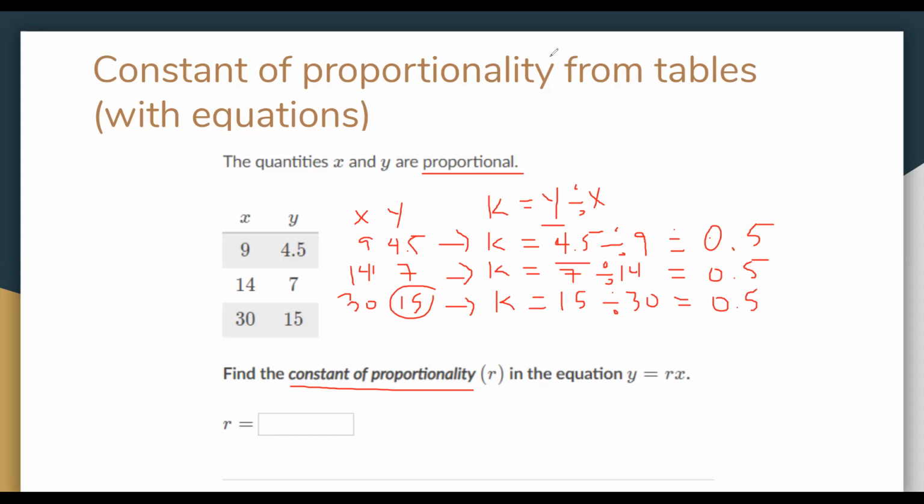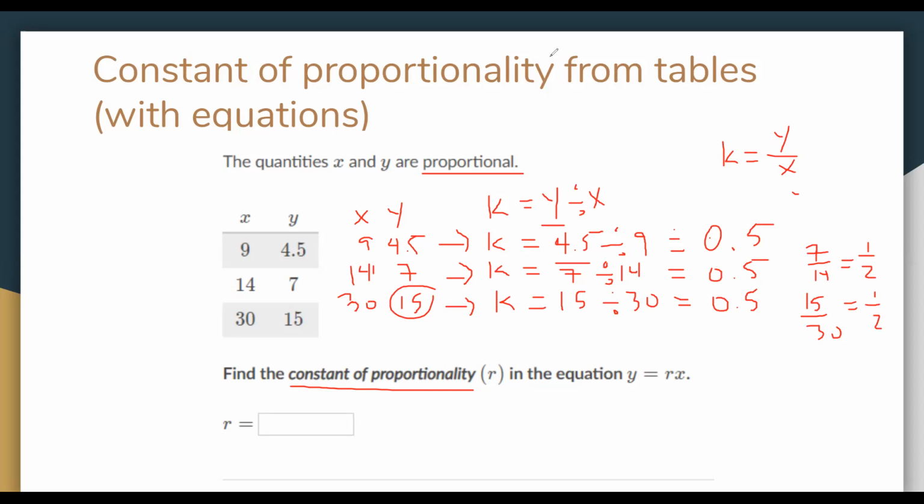Now, this is also a good time to recognize that since k is also y over x, you could have done 7 over 14, it's the same exact math, and you could have gotten to 1/2 a little bit faster. And you would have done 15 over 30, and that's also 1/2.